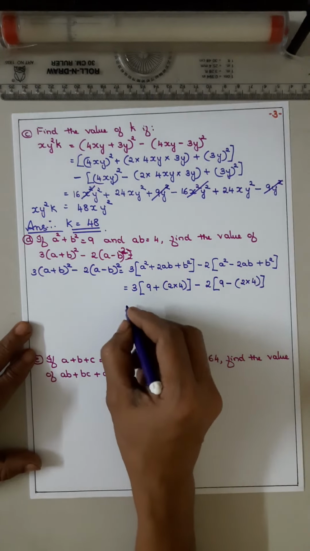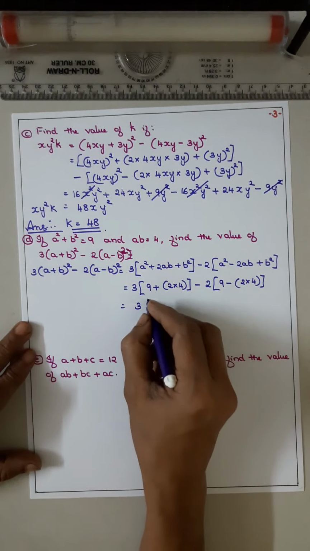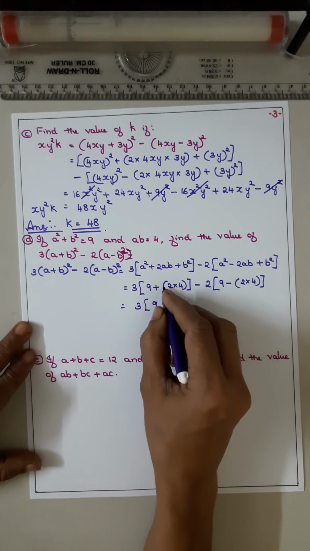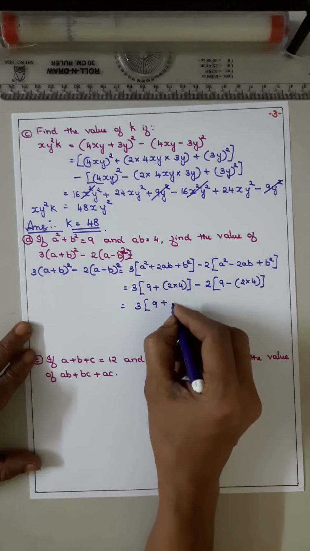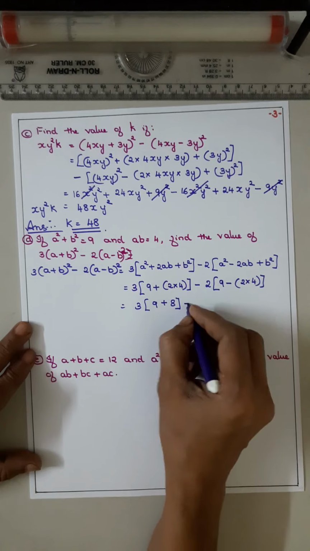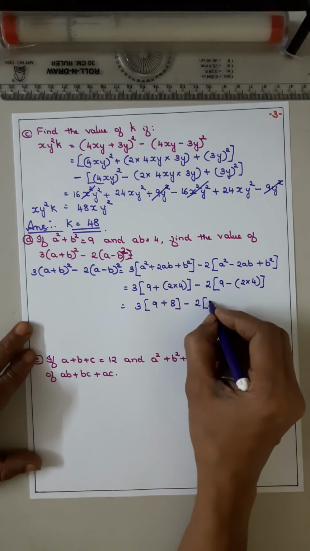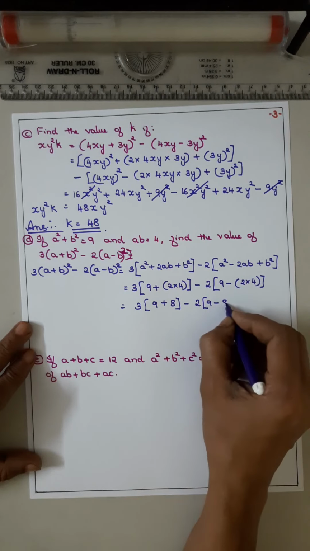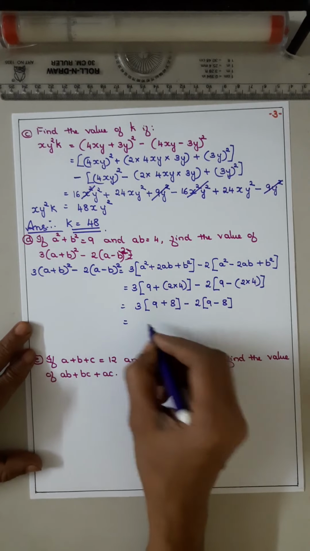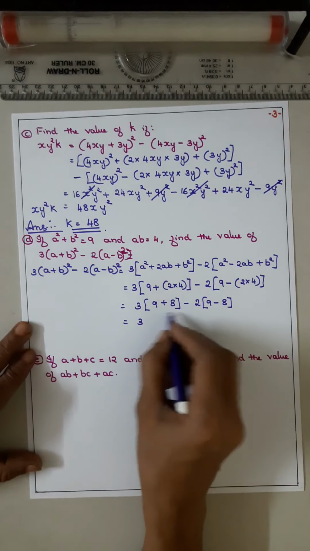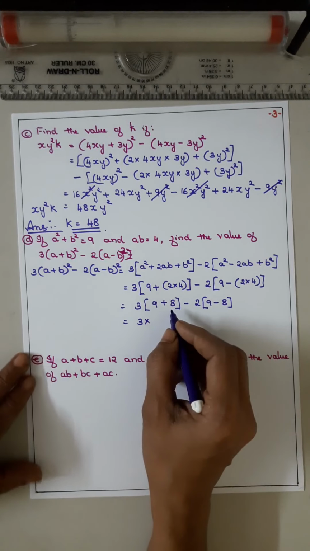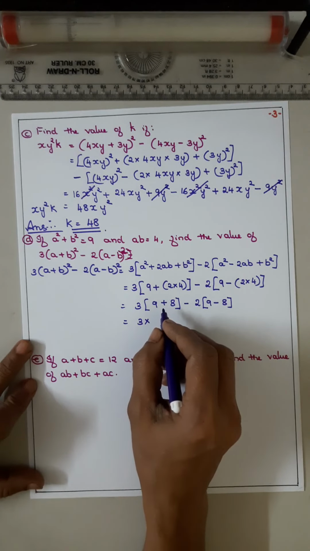Understood? Now 3 bracket open, 9 plus 2 4s are 8, minus 2 bracket open, 9 minus 2 4s are 8. So this one will be 3 into 9 plus 8 is 17, isn't it?